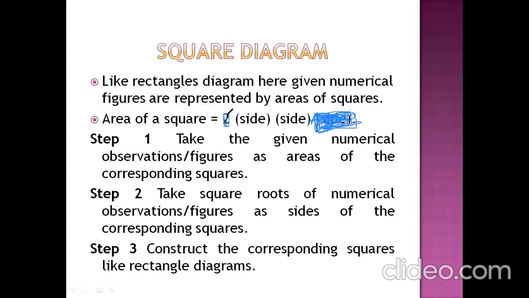This is mistakenly came here, side square in other words. So for the construction of a square diagram, we have to follow these steps. Take the given numerical observations or figures as areas of the corresponding squares. Take square roots of numerical observations as sides of the corresponding figures. And third step, construct the corresponding squares like rectangle diagrams. We will see how it is going to be.